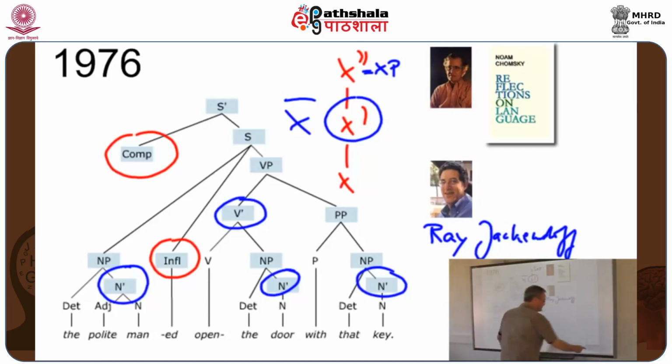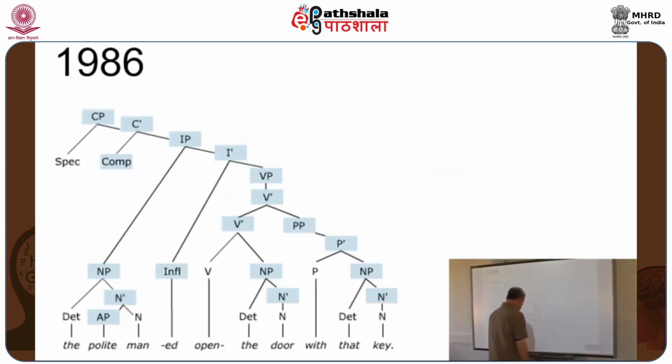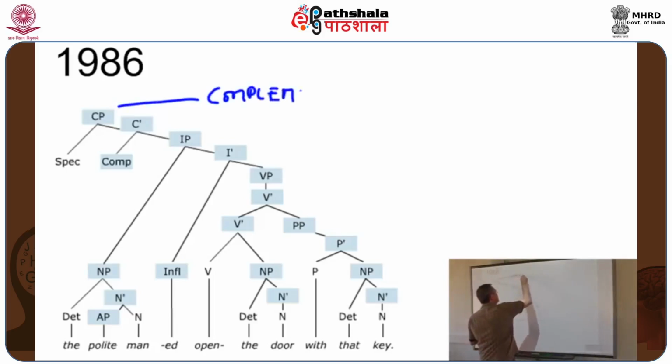Well, as we move on in time, in 1986, Chomsky published a book called Barriers. Now, moving on, the new system exhibits strict binary branching and a change of the former top level node S bar into CP, complementizer phrase. So this is the complementizer phrase.